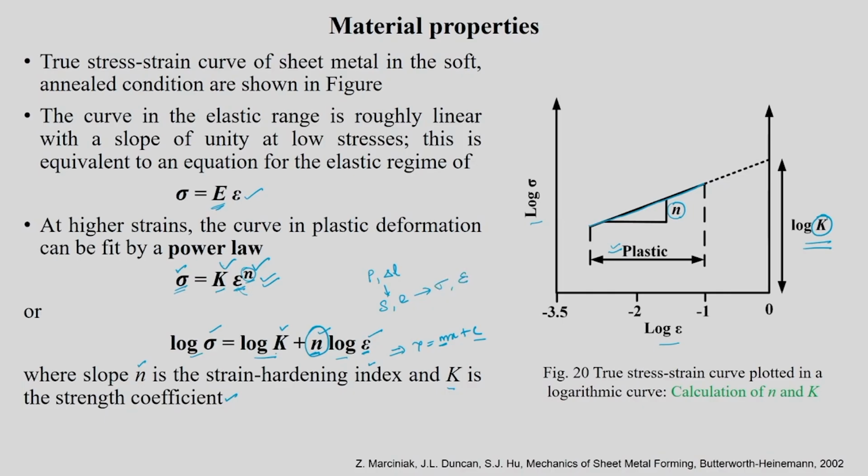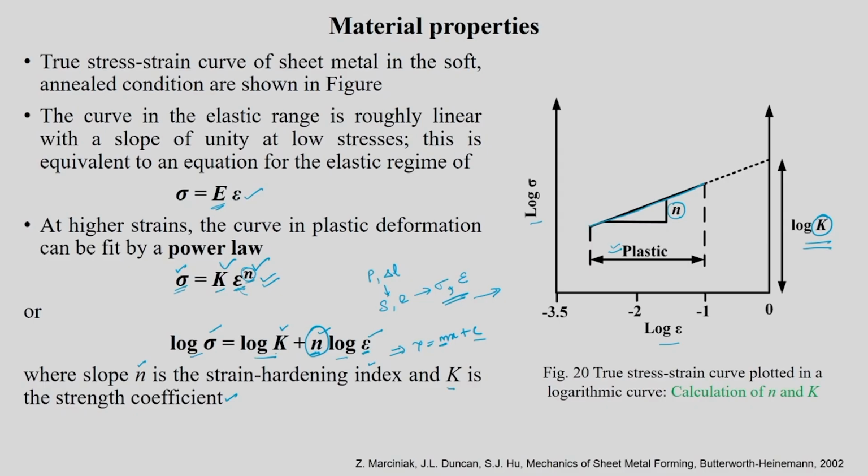True stress and true strain are related by the simple power law sigma is equal to K epsilon power n, which describes the strain hardening part of the curve. You convert this into this plot and get K and n in the fashion I told.